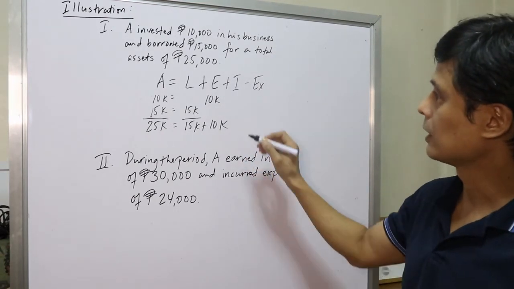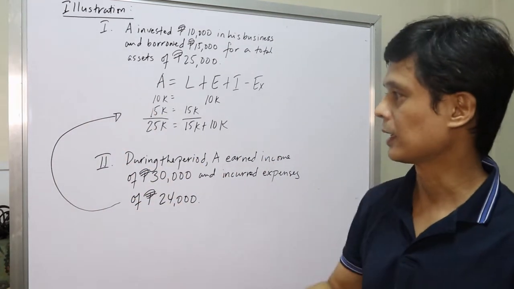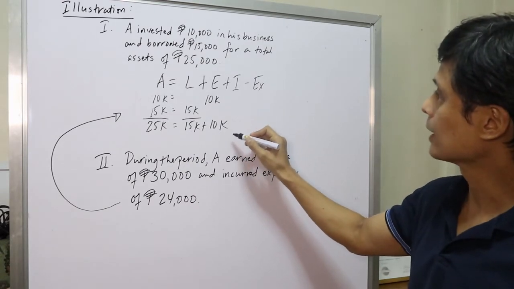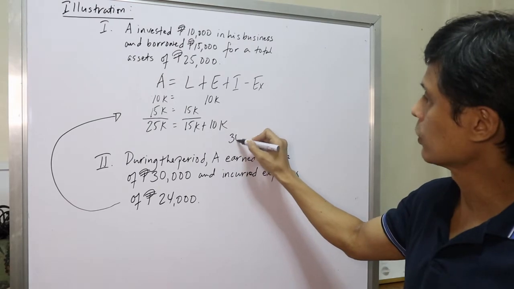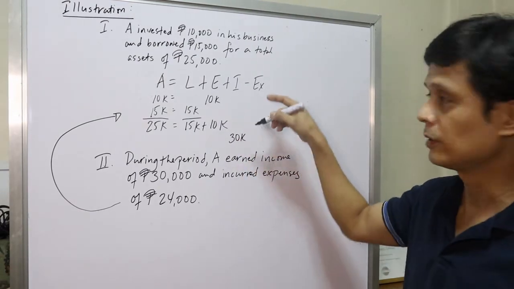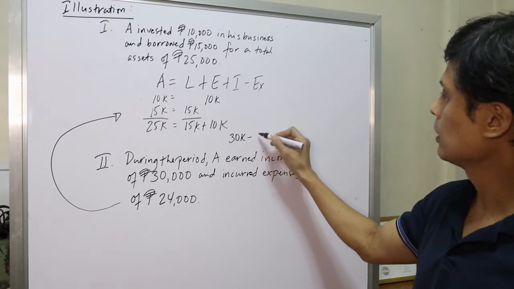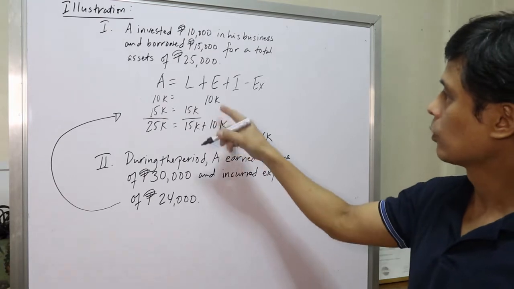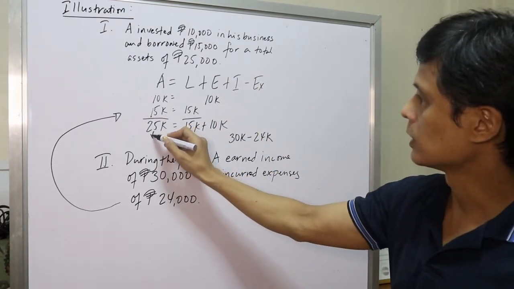So ito na lang rin, gagawin na rin natin accounting equation nila to. So yung income madadagdagan ng 30,000 dito. So 30k for the income, and for the expenses, nabawasan raw ng 24k.